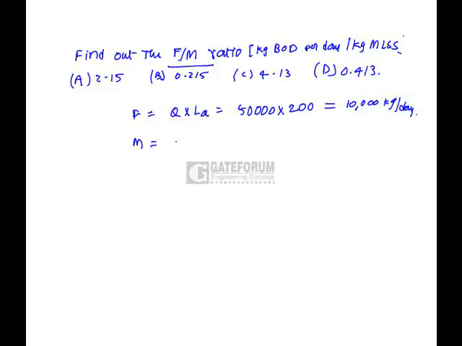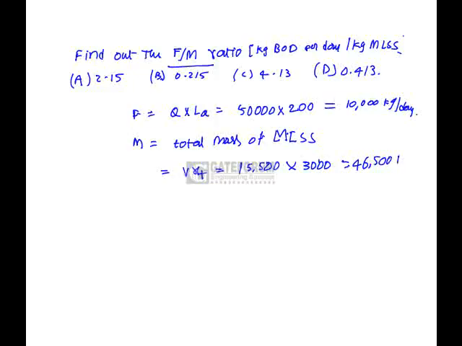M is equal to total mass of MLSS, mixed liquor suspended solids, that is equal to V into Xt, that is volume 15,500 cubic meters into Xt, nothing but mixed liquor suspended solids, 3000 milligrams per liter, that is 46,500 kgs.